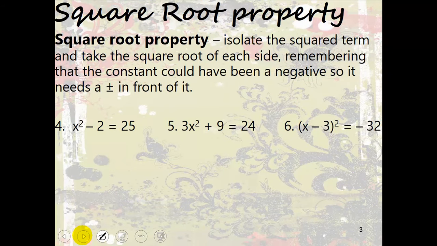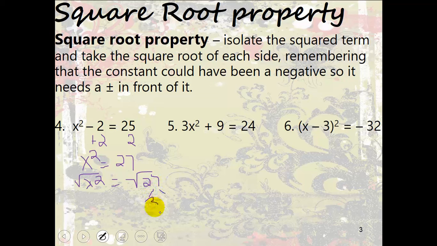All right, now I have x squared minus 2 equals 25, so I'm going to add 2 so that I can isolate my x squared, and then I get x squared is equal to 27, and then I'm going to take the square root of both sides. 27 is not perfect.